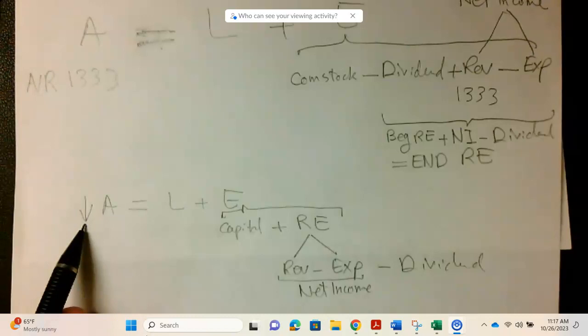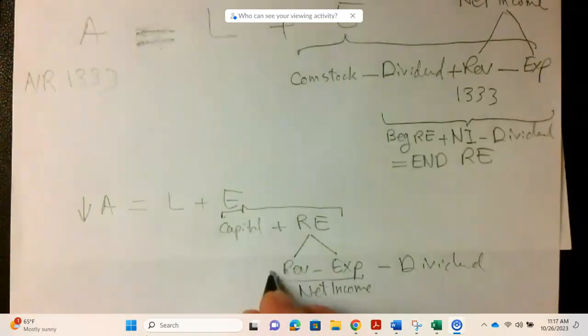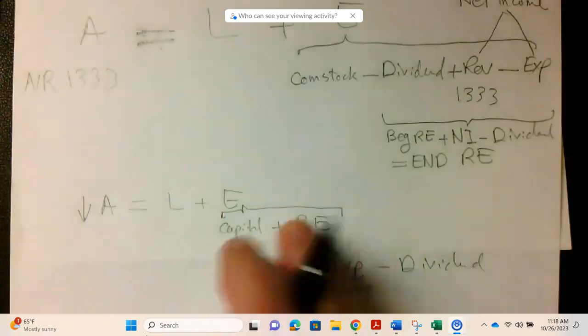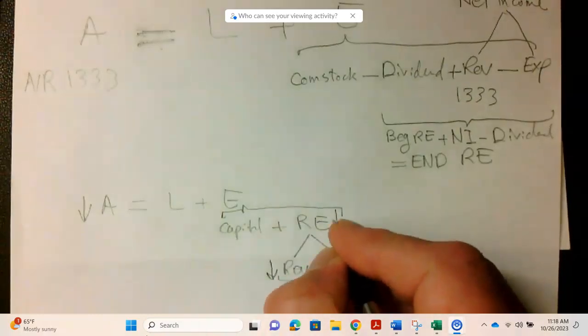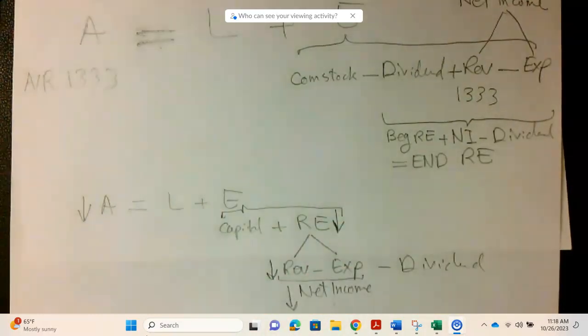If asset is understated, that means revenue is understated. If revenue is understated, that means net income is understated. If net income is understated, that means retained earning is understated.